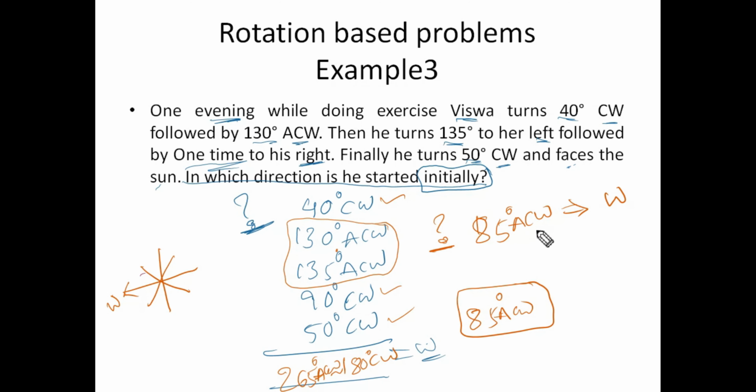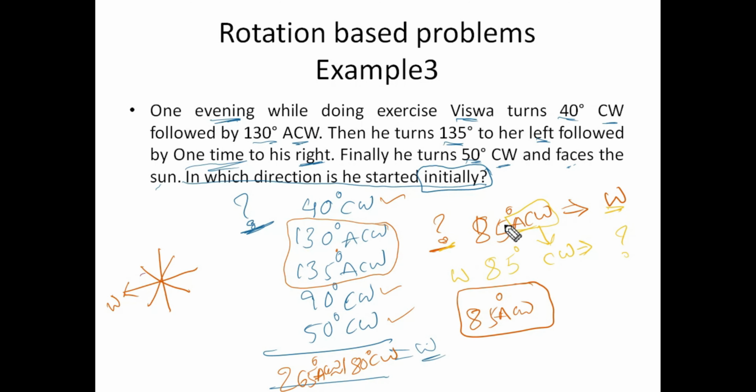We can convert this into our regular previous questions. If we swap the initial and final positions, clockwise becomes anti-clockwise and anti-clockwise becomes clockwise. Suppose this is the final position and we consider it as initial, the 85 degrees will be the same, but anti-clockwise becomes clockwise.